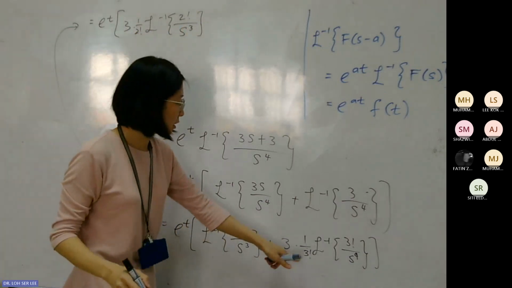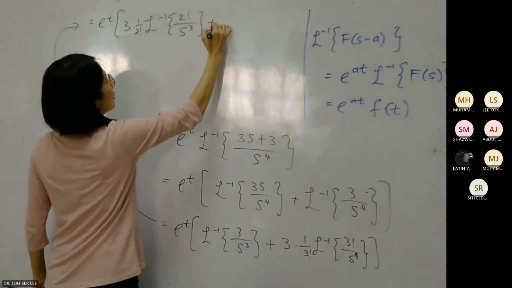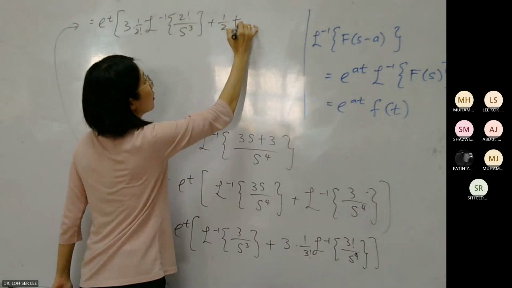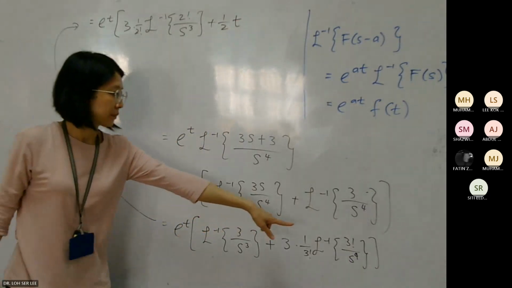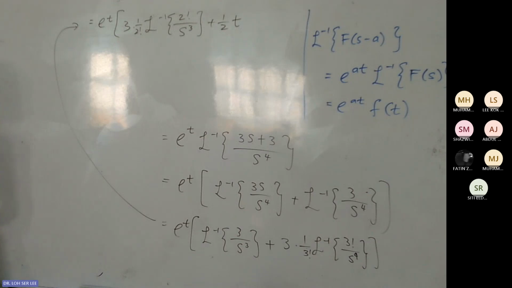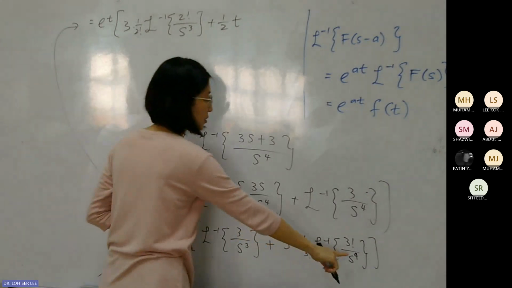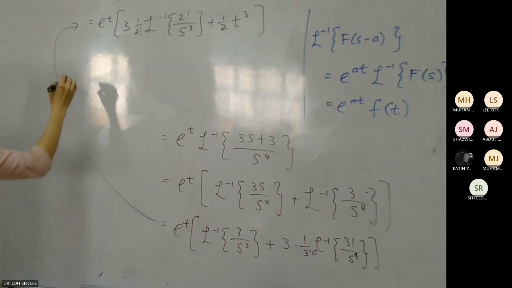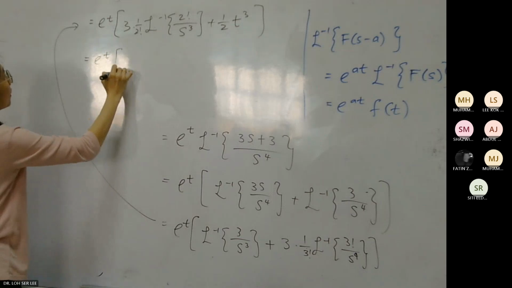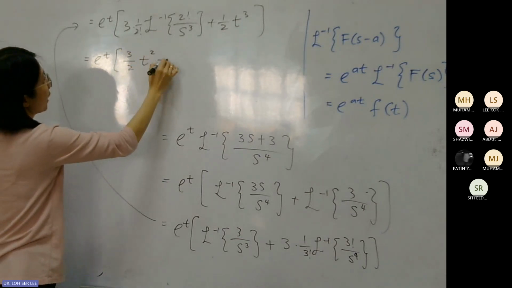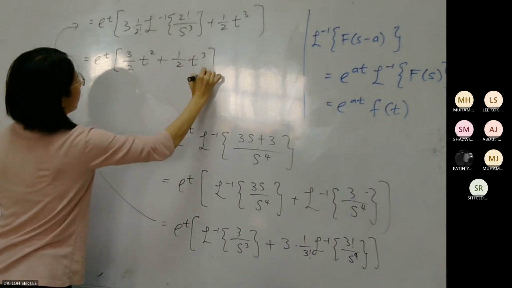And this is 6. 3 over 6 is 1 over 2. This is t to the power 3, because your n is 3. So 3 over 2, this is t squared.